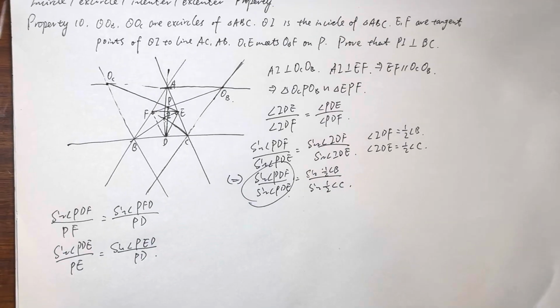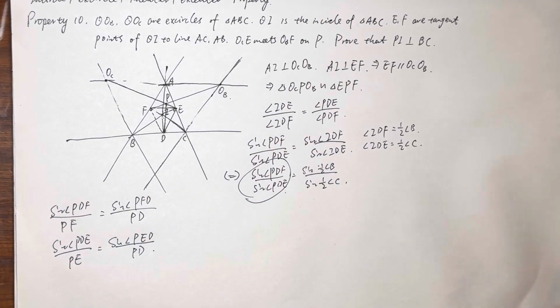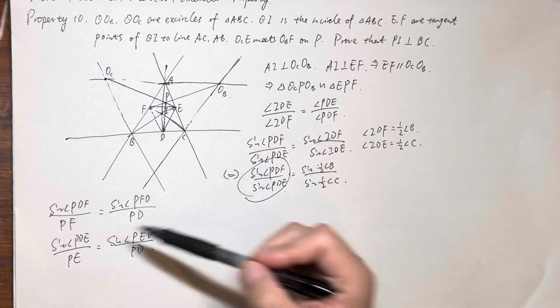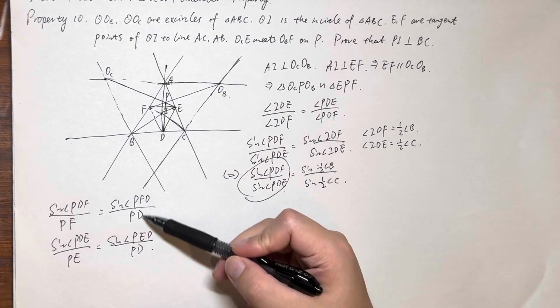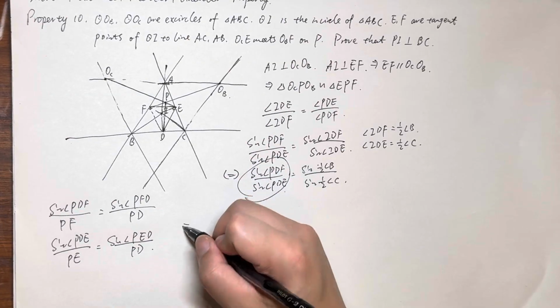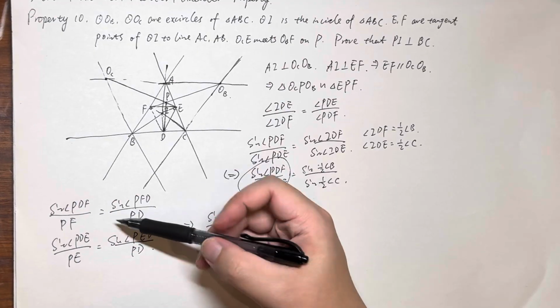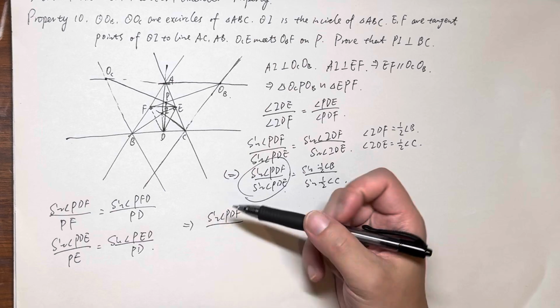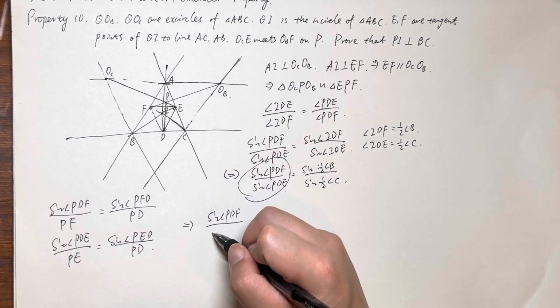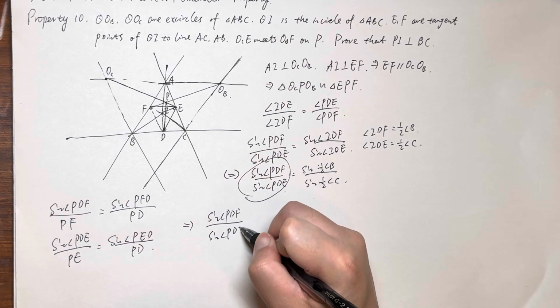Right, we know about these two equations, and we know that PD are equal, which means we can use this one divided by this one, then we get sine angle PDF to sine angle PDE, right?